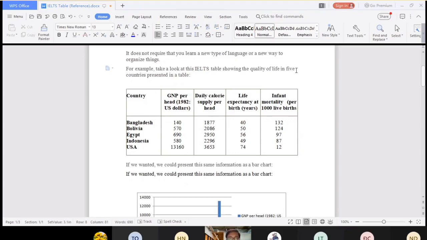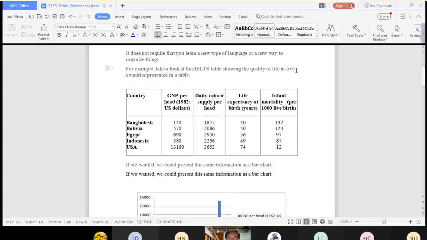And you can see the categories here are GNP per head, daily calorie supply per head, life expectancy at birth, infant mortality per 1,000 live births.